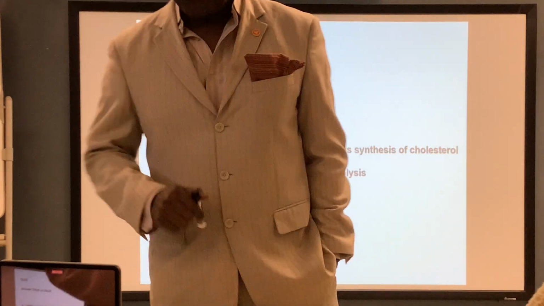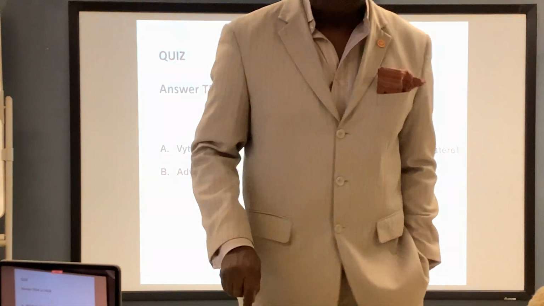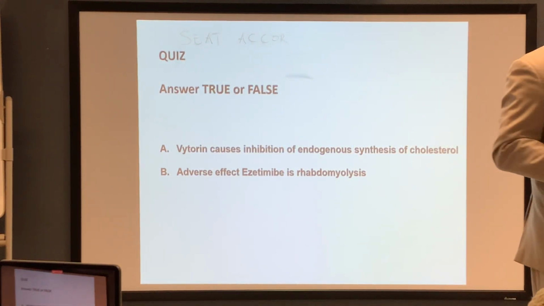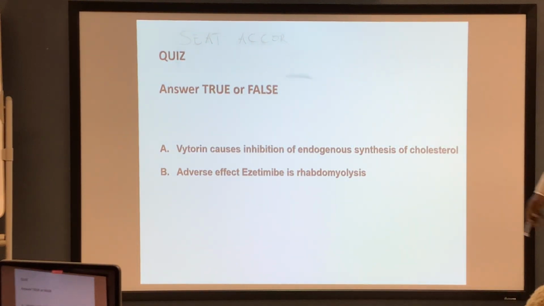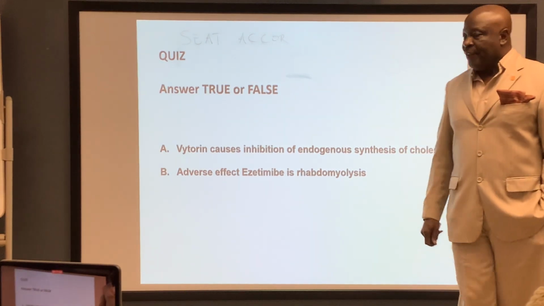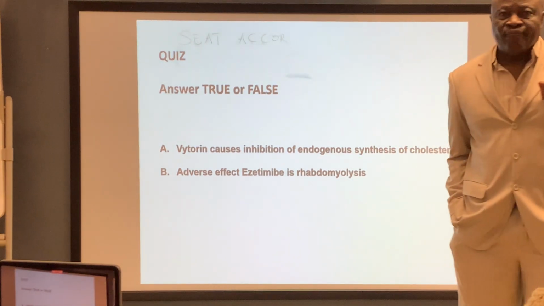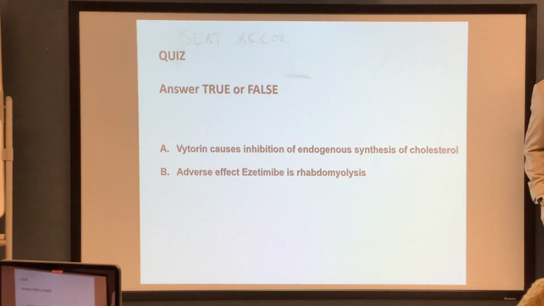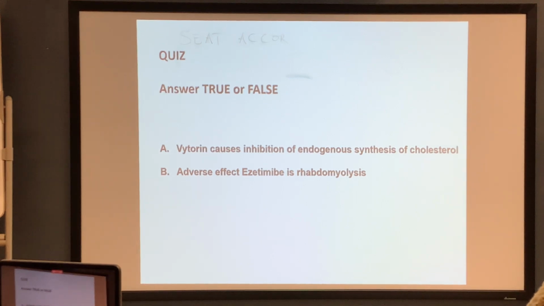Endogenous means the cholesterol within the body. That's right, within the body. So it does cause inhibition of endogenous synthesis of cholesterol by blocking HMG-CoA reductase. True or false? Adverse effect of ezetimibe is rhabdomyolysis. False. Which one is rhabdomyolysis? Statins. Okay, good.